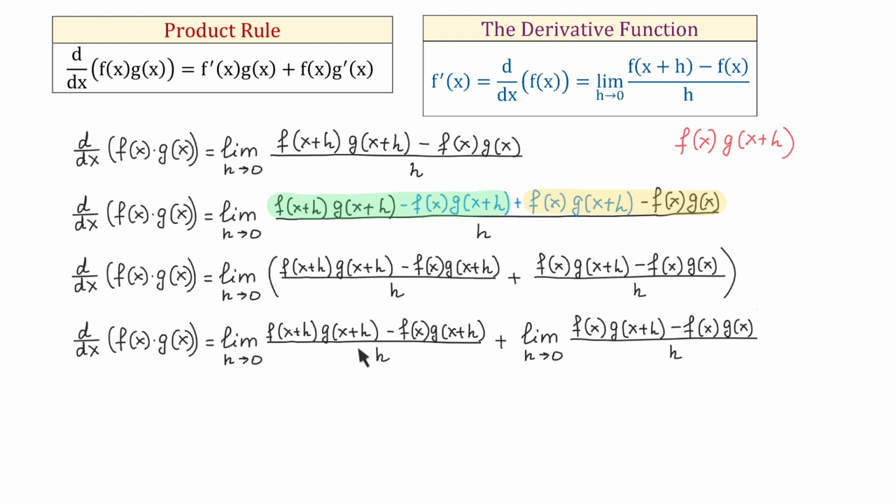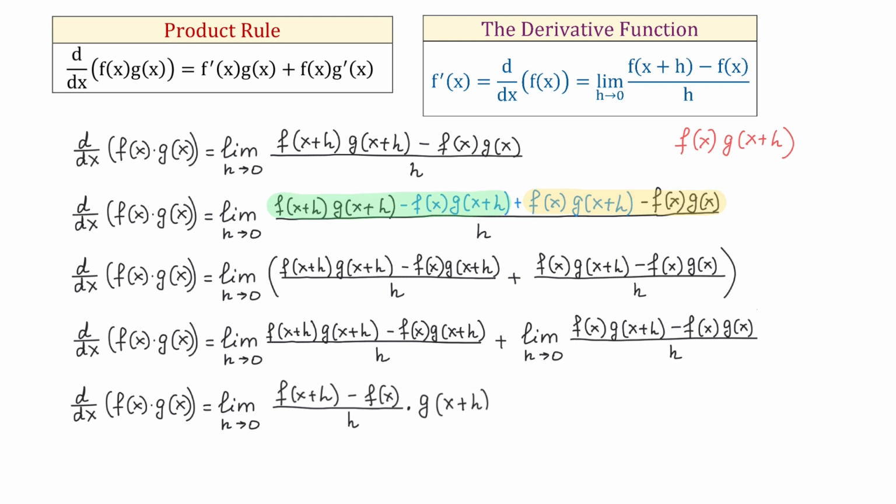So we will take g(x+h) and we will factor it out to the right. Then we will have the limit of f(x+h) minus f(x) over h multiplied by g(x+h). So we just factored out g(x+h).